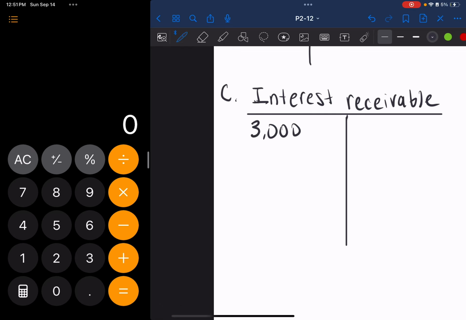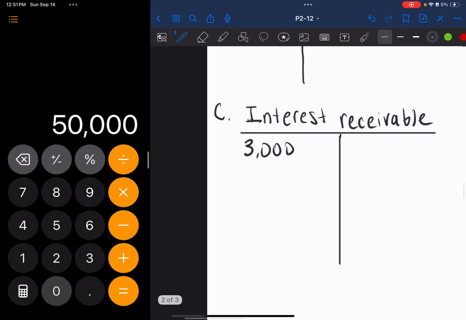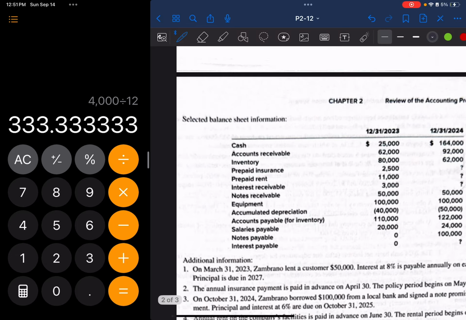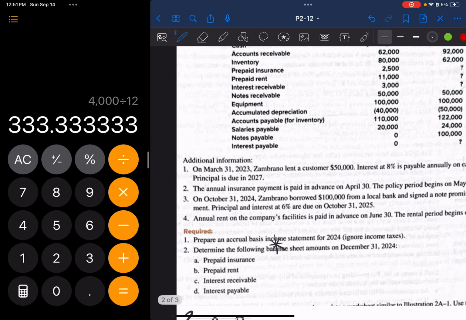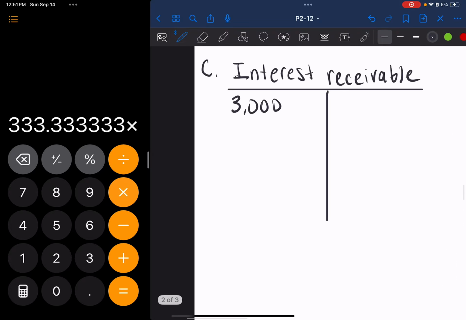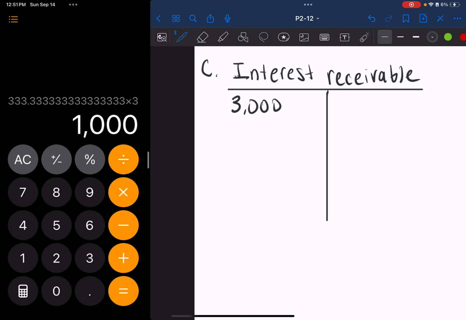If you break it up, you'd basically do the 50,000 times 8% divided by 12, and then you break it up into the months. So you do January through March, so that's 3 months. So times 3. So that's $1,000 of interest revenue. Sorry, I'm writing this on the wrong side.